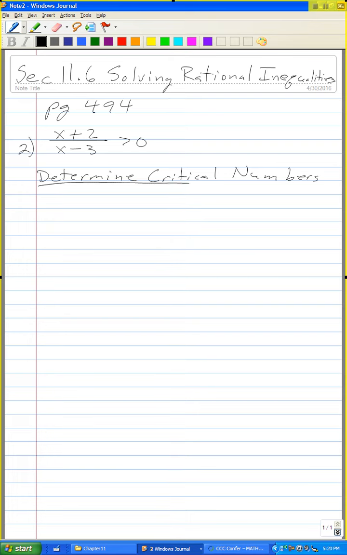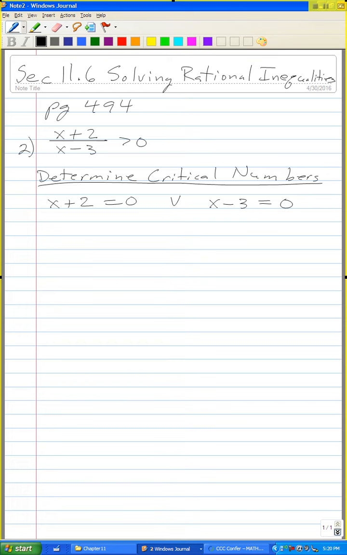The way that we determine critical numbers in this case is we set each factor, x plus 2 and x minus 3, equal to 0. Just like in the previous case, the only time that these rational expressions can change sign is at the critical numbers.